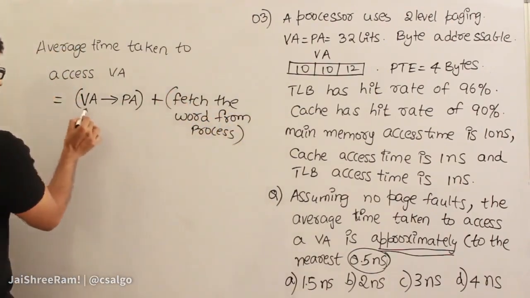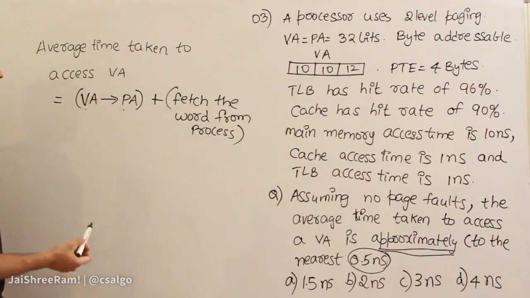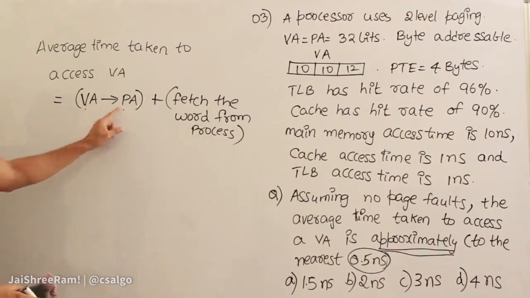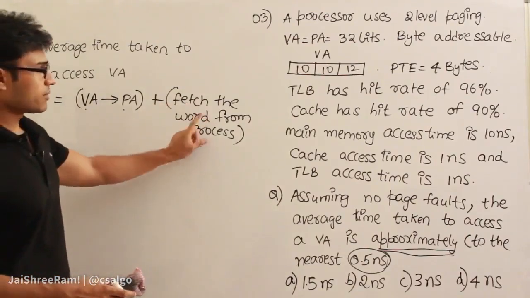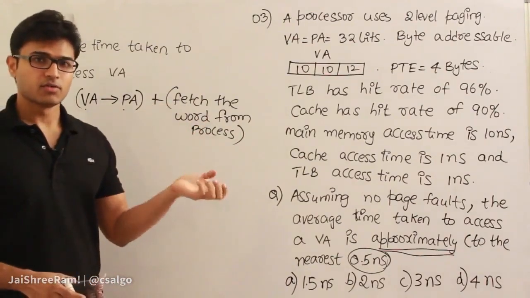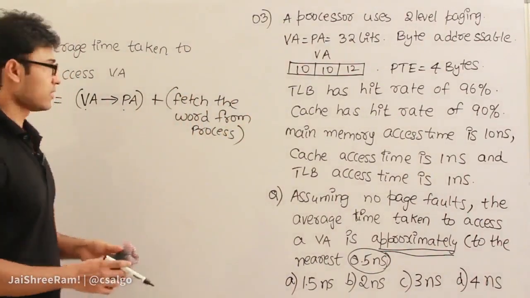So first you convert the virtual address to physical address, and take the physical address and then get it from the main memory. Here, in order to convert the virtual address to physical address, we are going to take the help of the TLB, and here, in order to fetch the word from the main memory, we are going to first look into the cache. If it is not present in the cache, then we will go into the main memory, right?